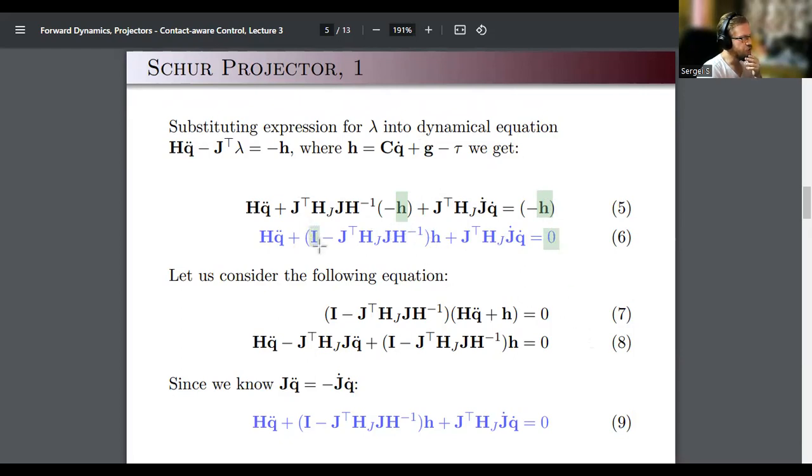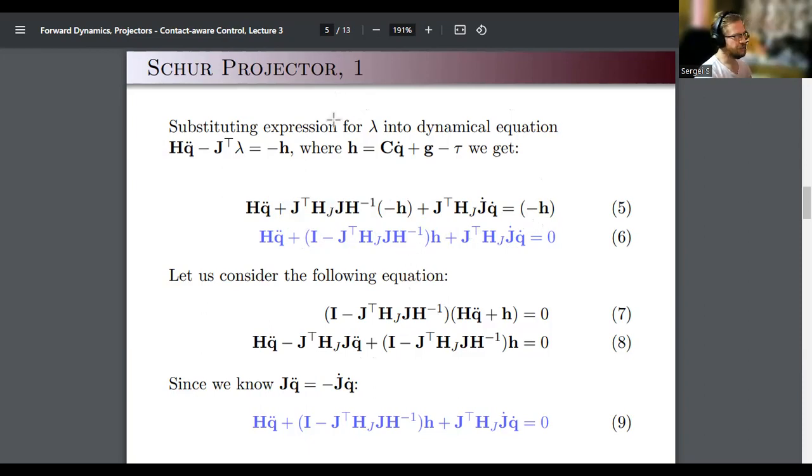And here we would have this additional I, because we have identity in front of this term. And this minus here becomes this minus. So essentially, we simply collected the terms in front of H. We could have collected them on any side. So we have this expression, which is I minus all of this.